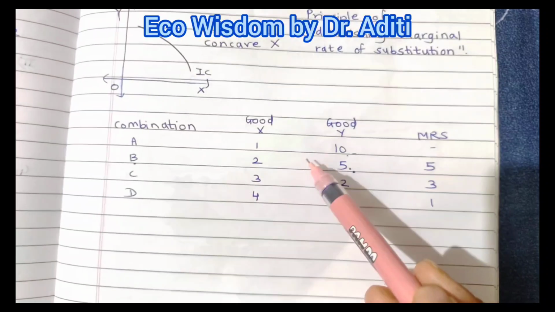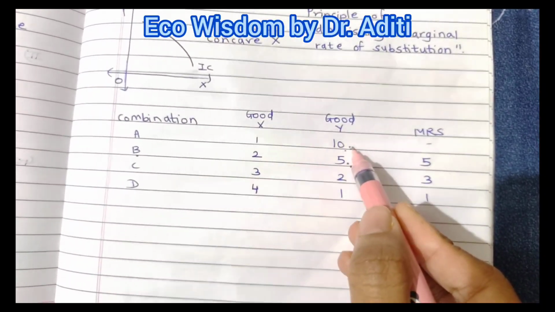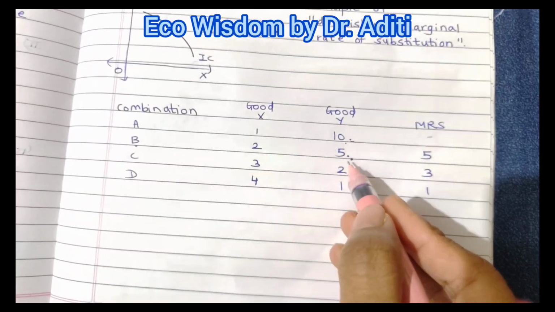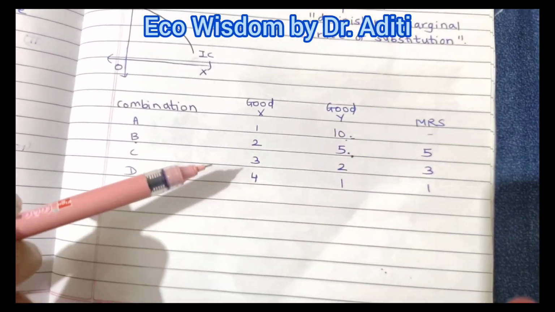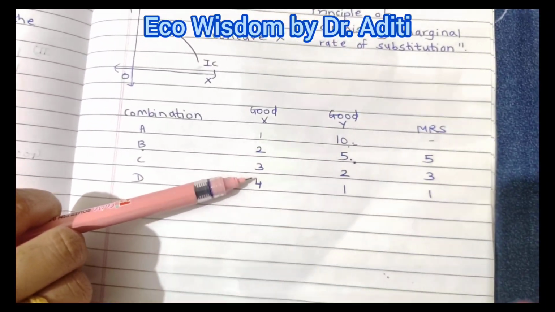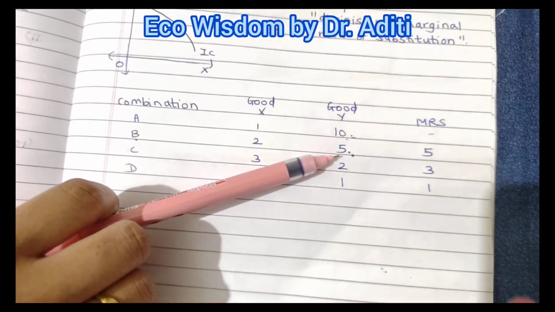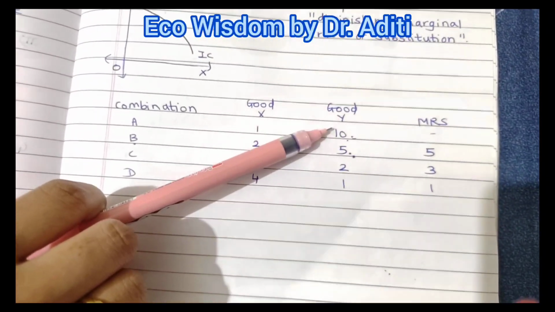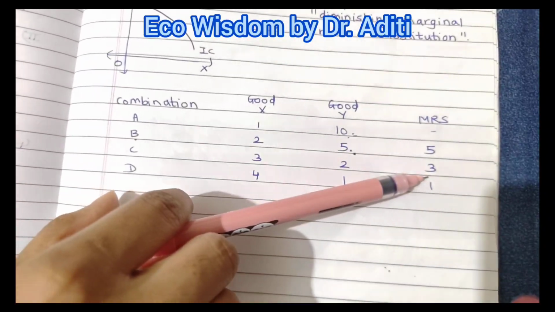So what is the marginal rate of substitution? 10 is becoming 5, so 5. Now again we have to increase commodity X. So 2 becomes 3, and 5 is becoming 2. So we are reducing good Y. Earlier it was 5, now it is 2. So what is the difference? 3.